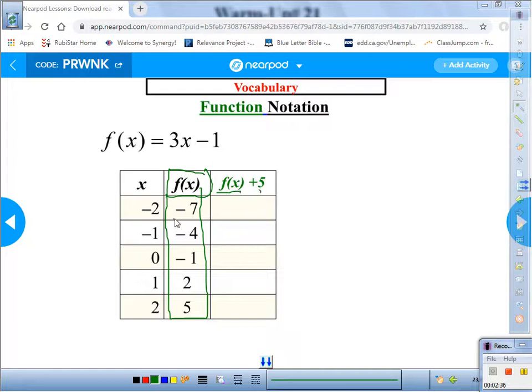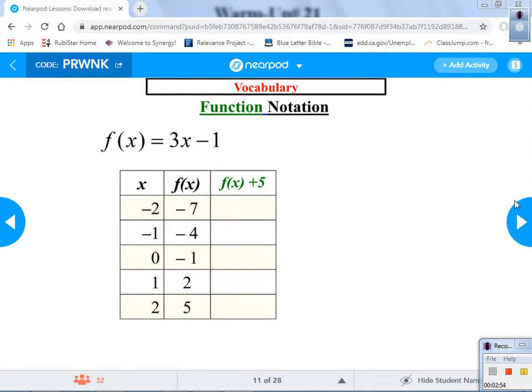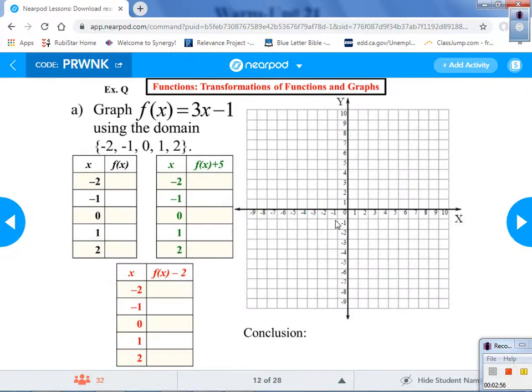So I take my first f of x, which is -7 plus 5, that's -2. Next number is -4 plus 5, that's +1, and so on and so forth. But I said, you know what? I don't like this presentation. I like to create individual input-output tables, and we created these. Remember this? And I had you graph all 3 of them.